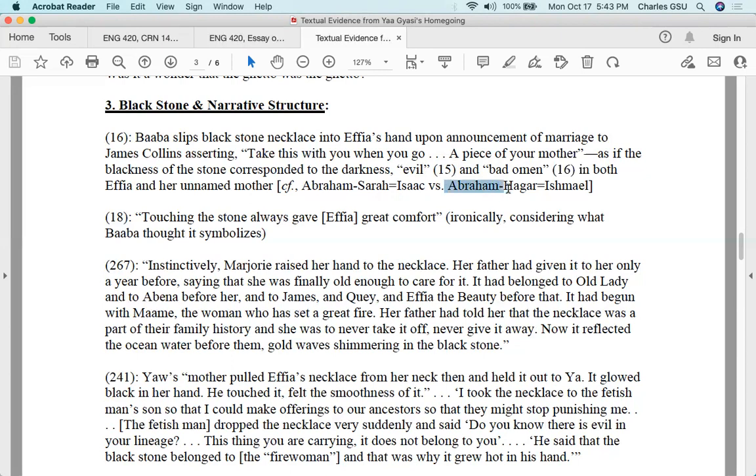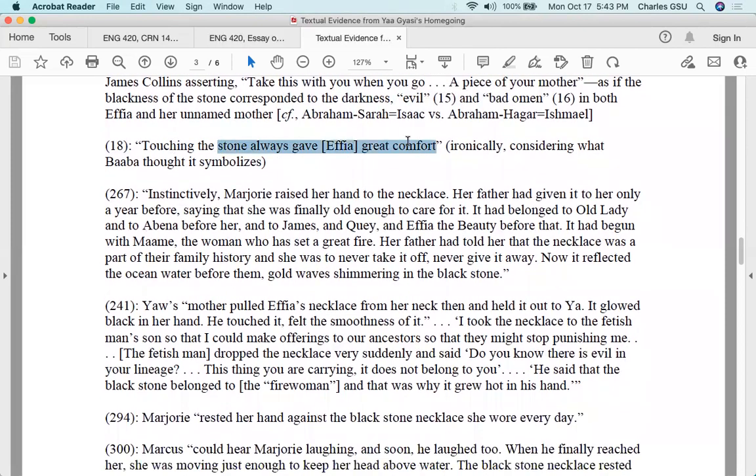Abraham has a child with Hagar, and he is named Ishmael. Isaac and Ishmael are half brothers, but they are also at odds with each other. Isaac will go on to eventually produce the line that has Jesus, and Ishmael will go on to produce the line that eventually has Muhammad and thus Islam. So there are some interesting parallels in this relationship.